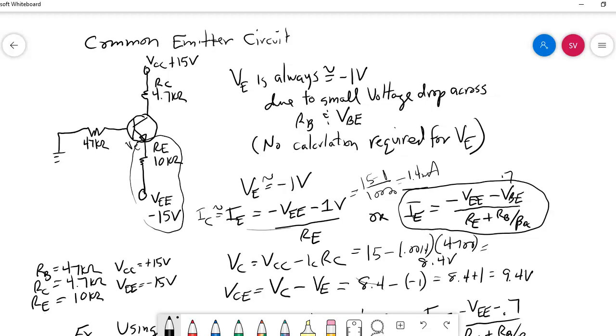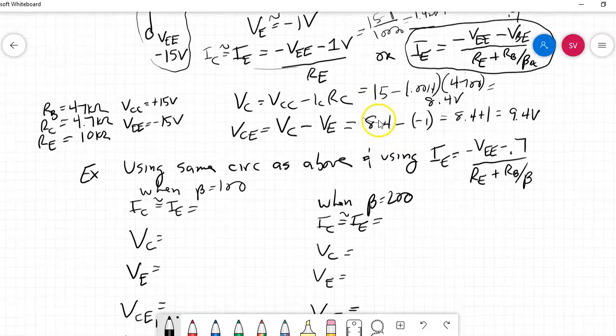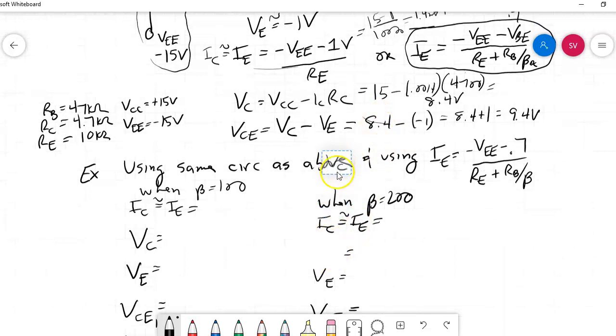We could use this to prove that beta really doesn't have any major fluctuations or significance on the emitter current or your VCE values. So we'll do that down here.